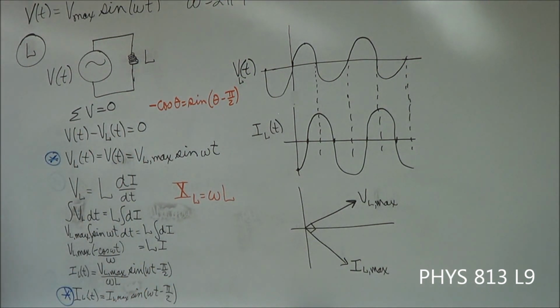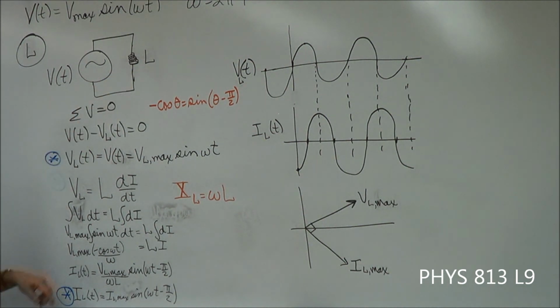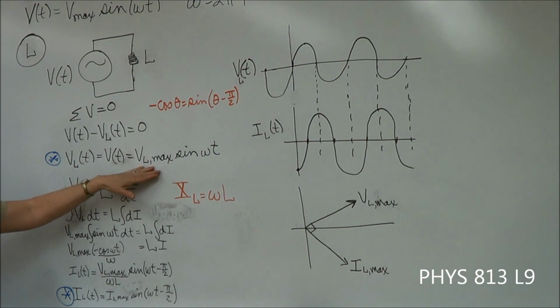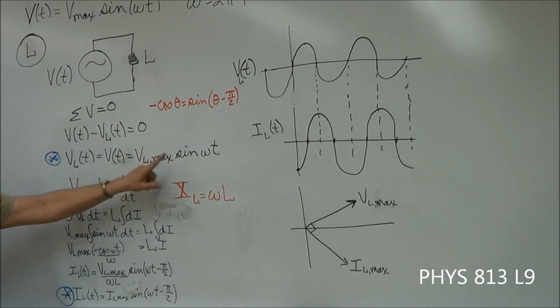So again, summarizing, we have our equation with the alternating voltage source. We have an inductor. We start with Kirchhoff's law. We find the voltage across the inductor.